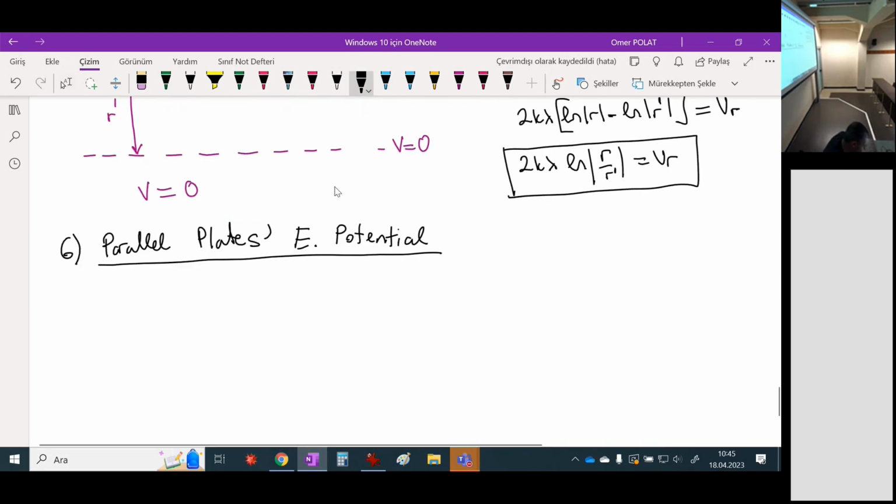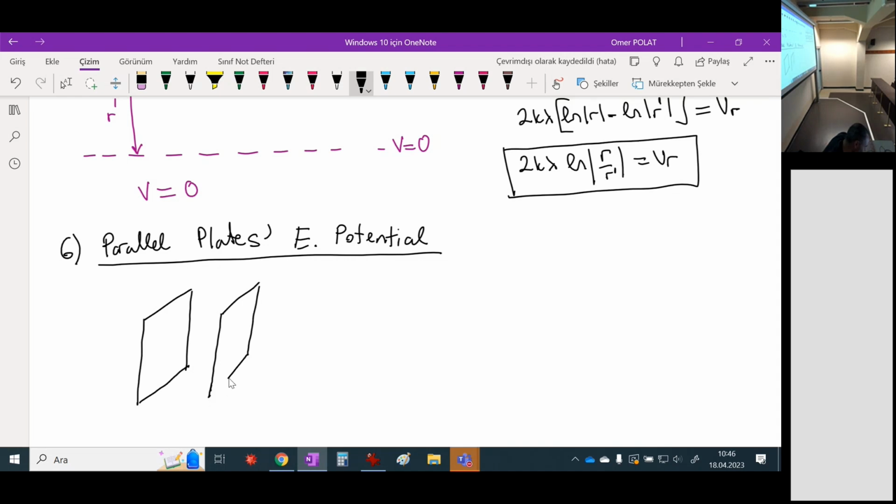So you know what is the parallel plate? Two plates having the same charge density, sigma. I bring two parallel plates in free space, infinitely large parallel plates.